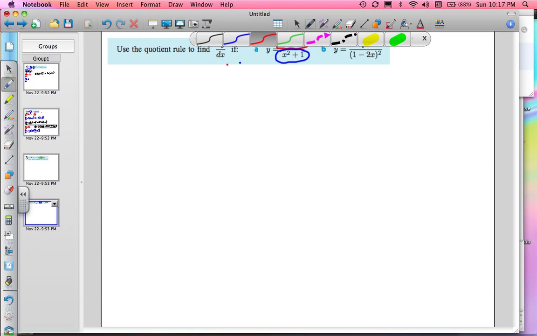Okay? So first we start off finding out, well, if we call this top function, the red one, u, then if we find the derivative of that function, it would be du dx, which is equal to, in this case, just 3. Because the derivative of 1 is 0, and derivative of 3x is just 3.